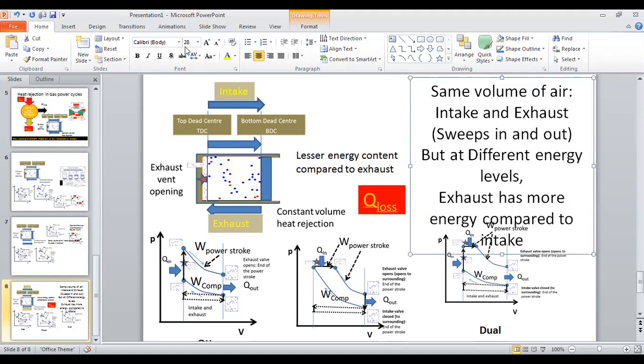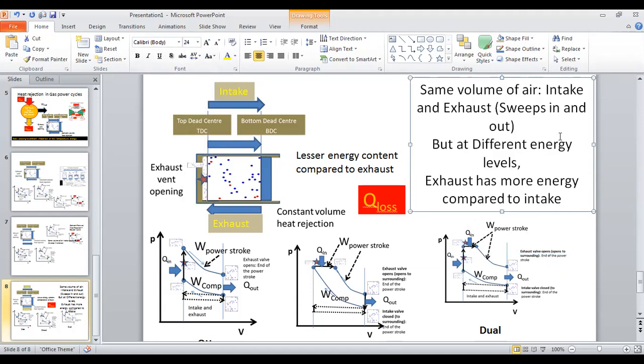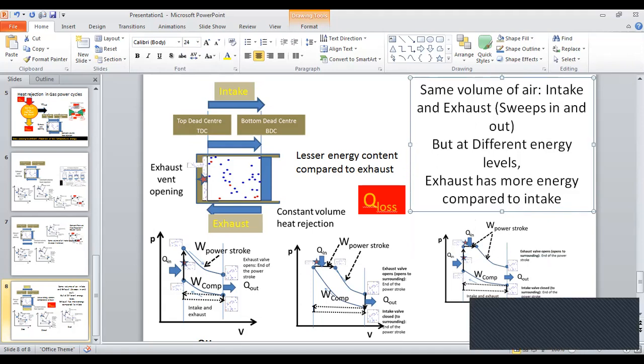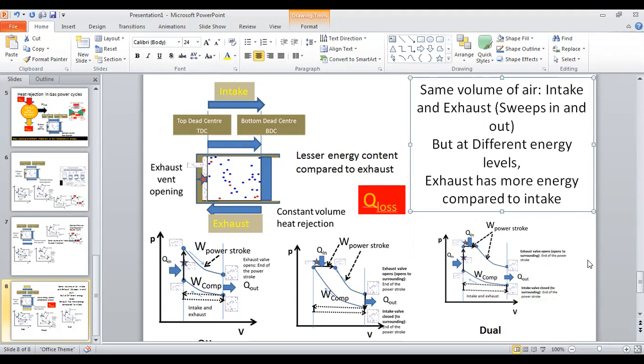So let me organize it. So that's the reason why constant volume heat rejection takes place in these three cycles.